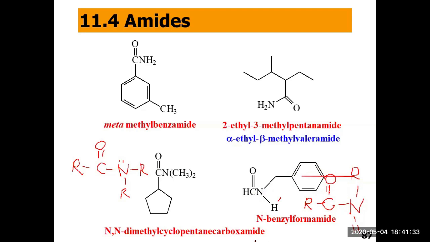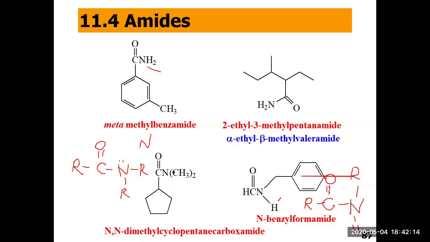So what do I mean? So let's try to consider this first molecule here. So the name for this one is N,N-dimethyl cyclopentane carboxamide. So let's try to understand why this molecule was named as such. Again, if we have, for example, your hydrogens replaced by two alkyl groups, then we have to use the capital letter N to denote that the hydrogens have been replaced by alkyl groups.